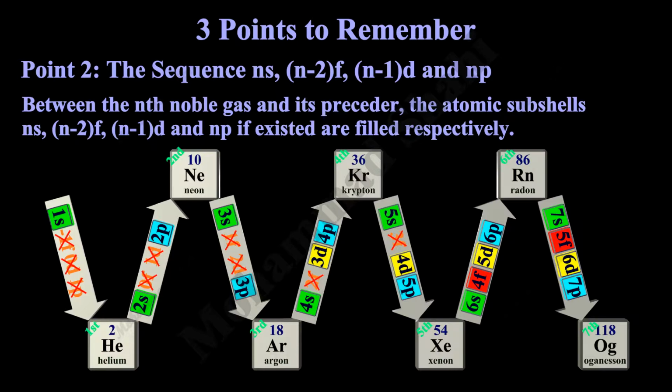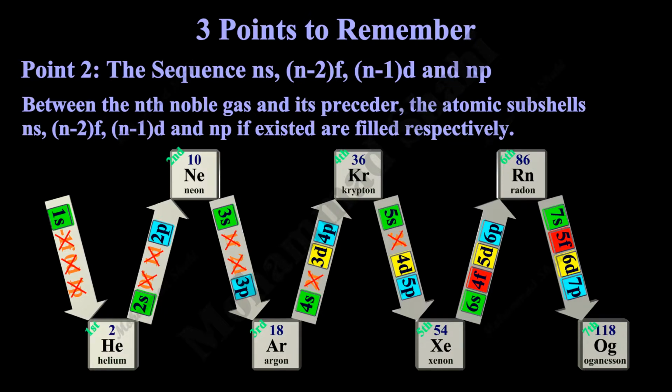Or in other words, when we build up electronic configuration of atoms by increasing atomic number 1 by 1, after passing krypton, at first electrons occupy the 5s subshell, then after complete filling of the 5s subshell, electrons enter the 4d subshell, then after complete filling of the 4d subshell, electrons enter the 5p subshell until it is completely filled too, and we reach xenon.